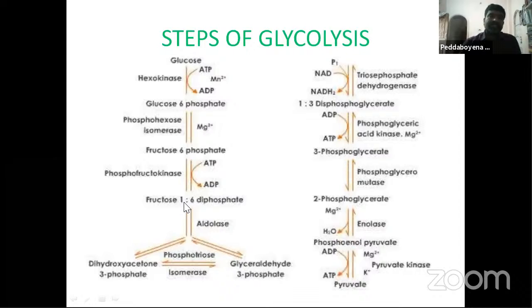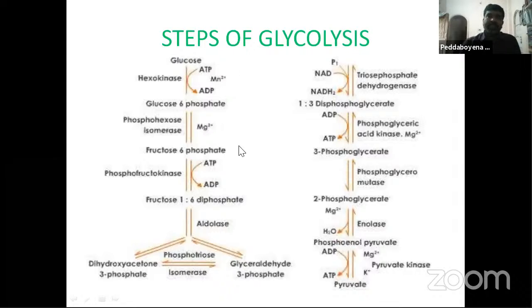In this reaction, the fructose 6 phosphate obtains a phosphate from ATP, and ATP is converted into ADP.